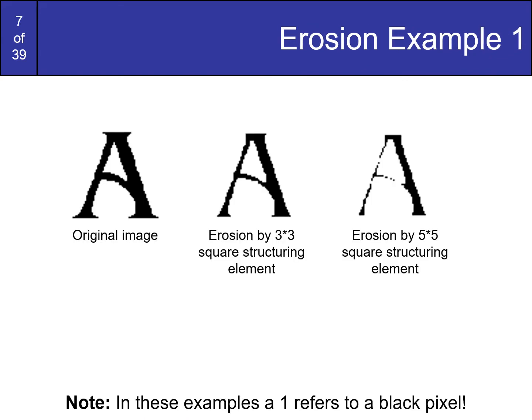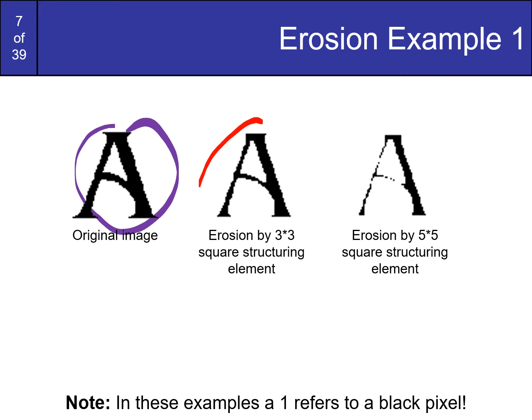And here are some examples where we can see the different effects of erosion when using different sizes of structuring elements with the square shape. So we have here the original image, and then erosion by a 3 by 3 square structuring element.